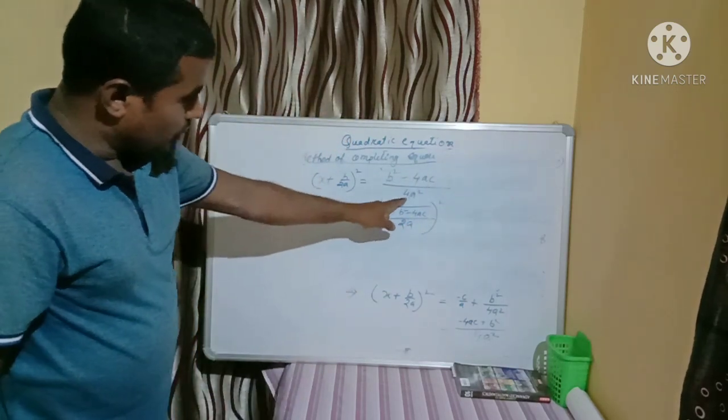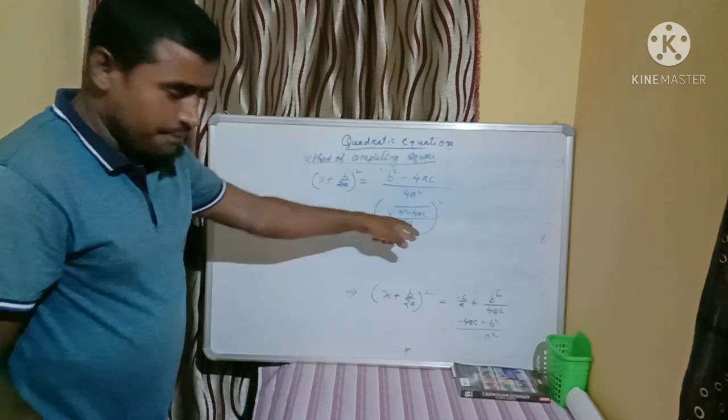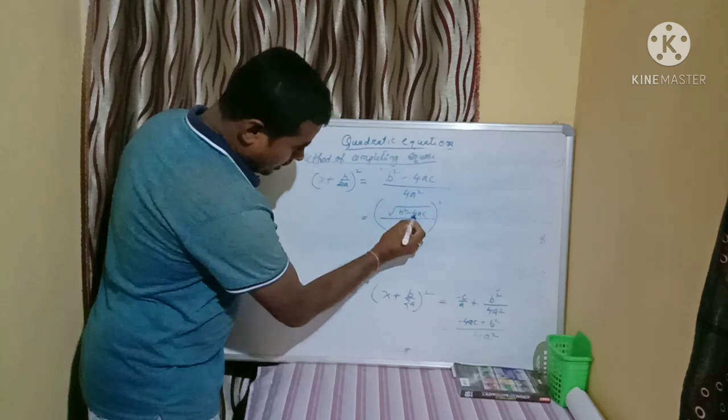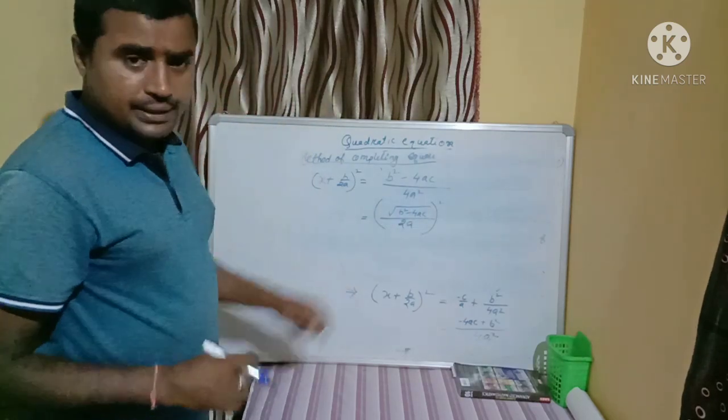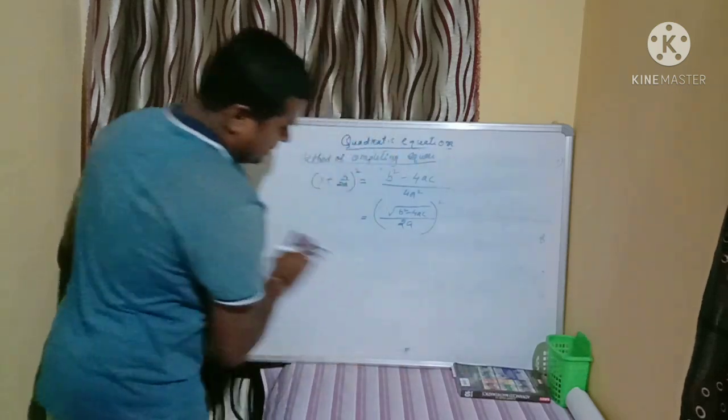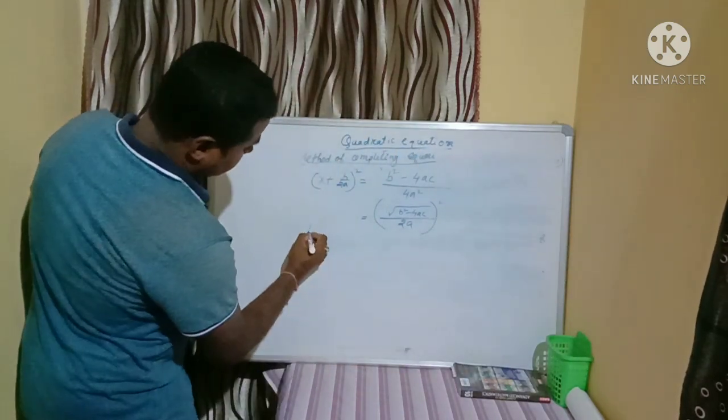Okay, 4a square, that is twice a whole square, and b square minus 4ac, that is square root of b square minus 4ac, right? Twice a.